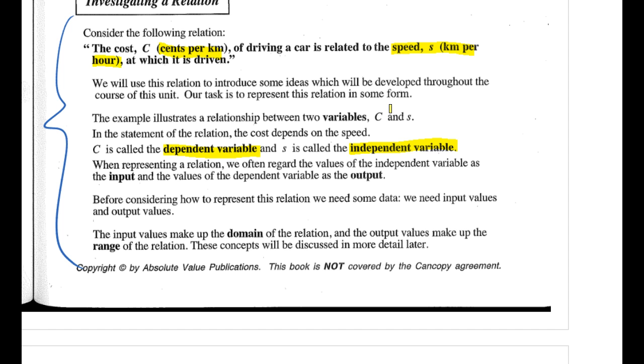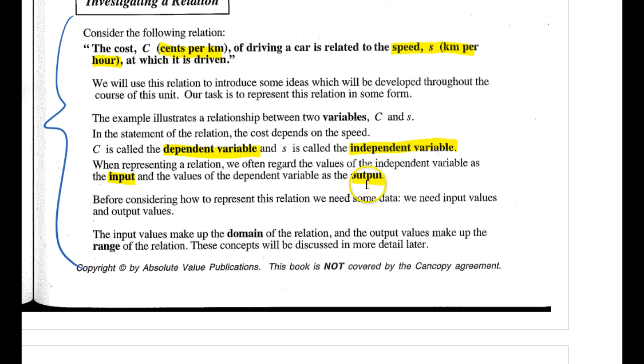Okay, the other concept is input and output. Independent variables are the input, and the dependent variables are the output. So the way this would work is, if I want to input a certain speed, it's just like saying, okay, what if I drove 80 kilometers an hour?